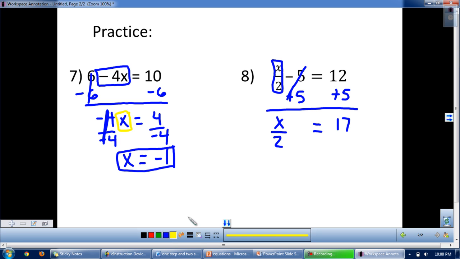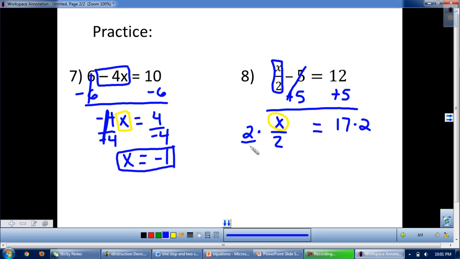Finally, again, I'm going to use yellow. We're going to circle our x. And do you remember what this operation is? You got it. Remember, a fraction bar means to divide. So we need to find the reverse operation of dividing by 2. And that is multiplying by 2. So we're going to multiply both sides by 2. The 2 in the numerator on top. Now, if you can't see it, write it as a fraction.